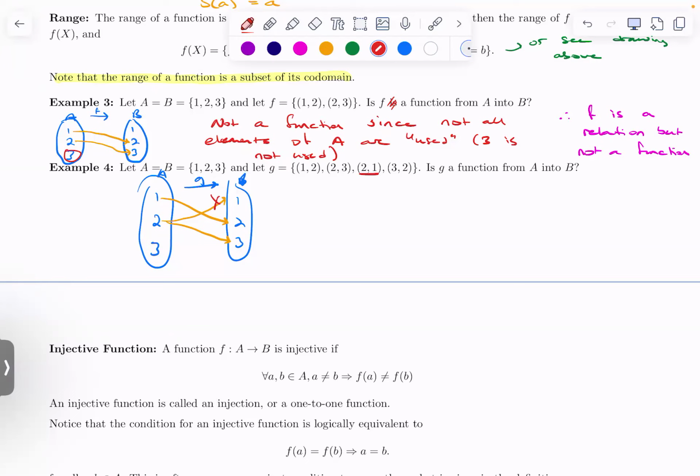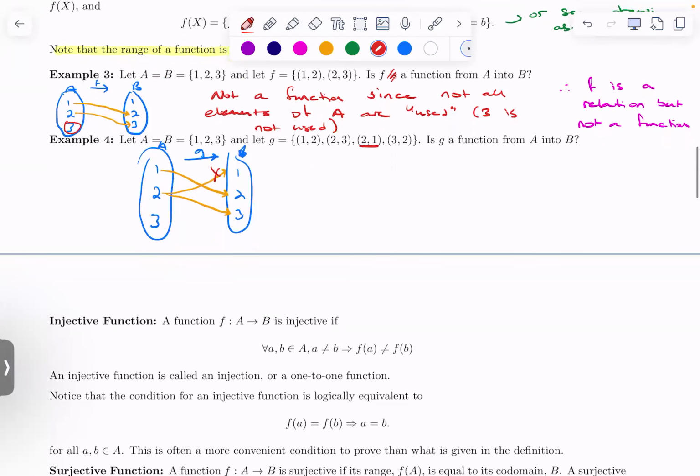2 can only map to one thing, right? Otherwise, it's not a function. We could keep going and say 3 goes to 2 and finish the list, just for completeness' sake, but we would stop here.